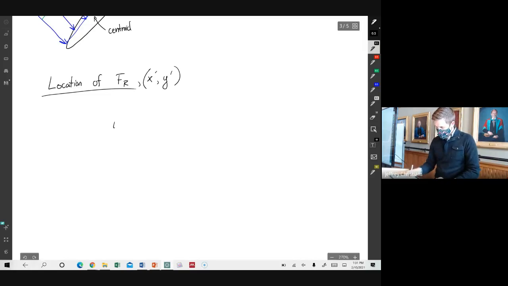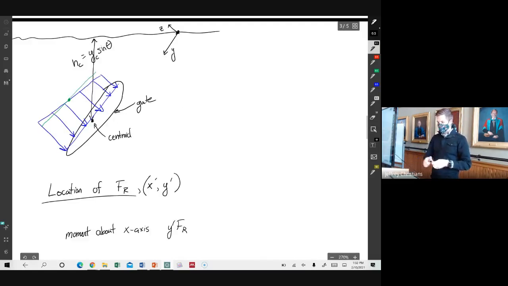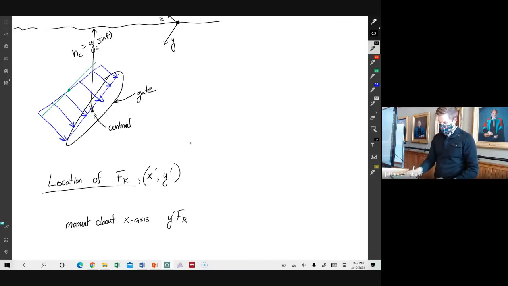So if we looked at the moment about the x-axis, that would be y prime FR, because the rotation is about x. So if we have a force pushing where that blue is, there's going to be the propensity to rotate about the in and out of the page axis.